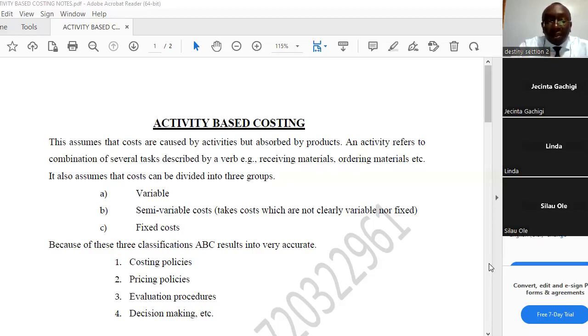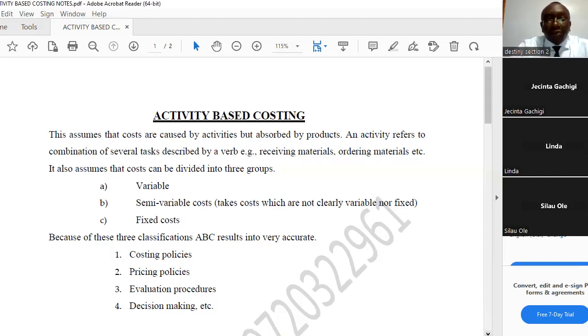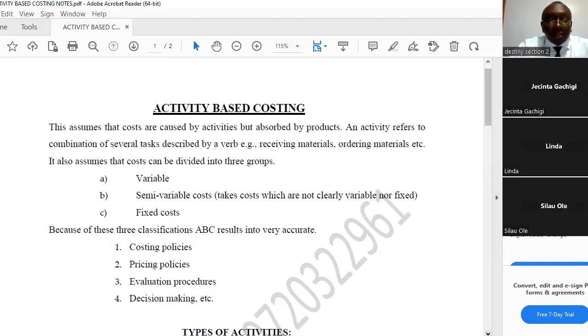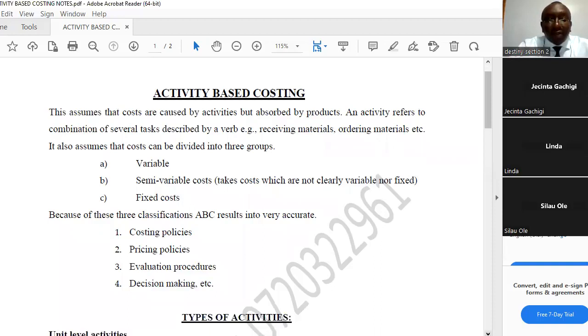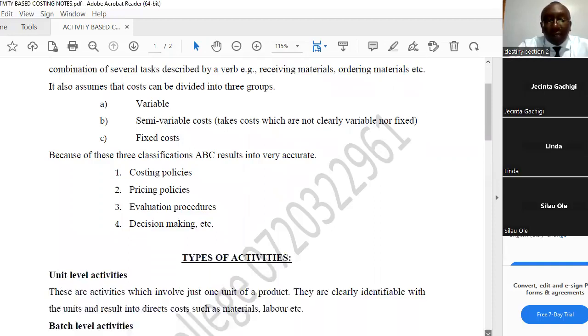But this one takes variable, semi-variable, and fixed. Because of these classifications, the ABC method is said to be very accurate when you compare it with other methods. And we therefore say that it results in very accurate costing principles, pricing policies, evaluation procedures, and decision making.